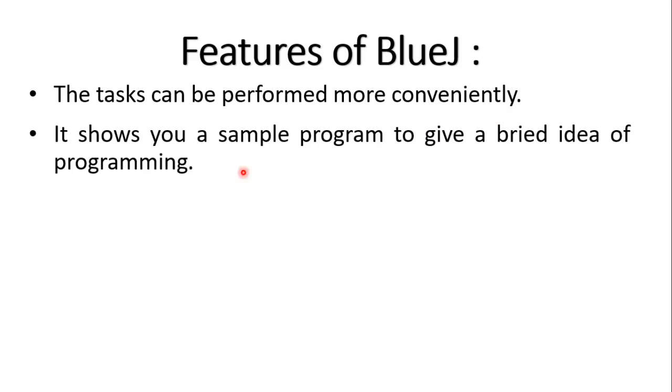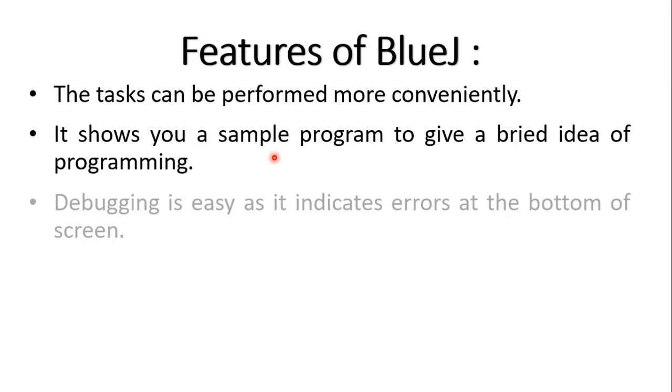The second feature is it shows you a sample program. When you open BlueJ, you will be shown a sample program to give an idea of programming. Debugging is a very important thing in BlueJ. Debugging is easy as it indicates the error at the bottom of the screen.